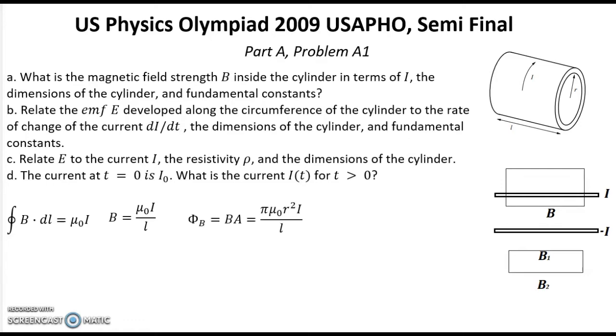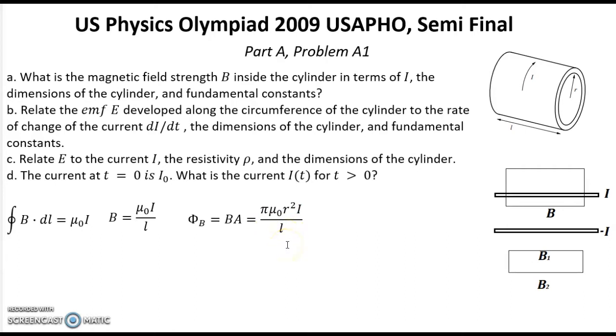Because we have a uniform magnetic field inside of this cylinder, the magnetic flux is just this magnetic field multiplied by the cross section, which is pi mu0 r squared I over L.